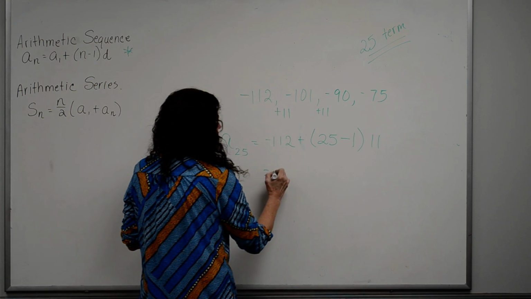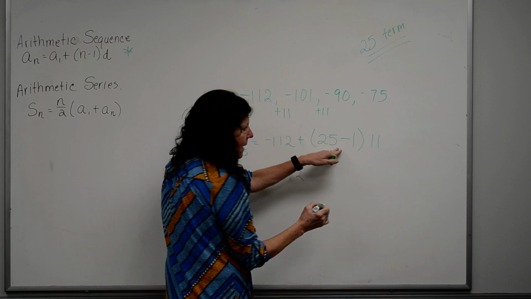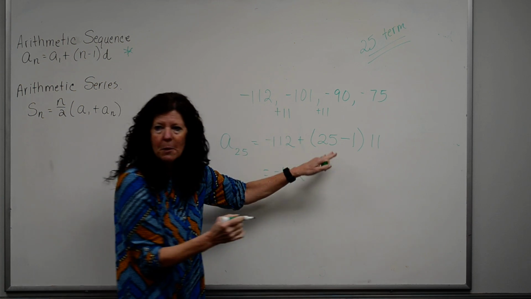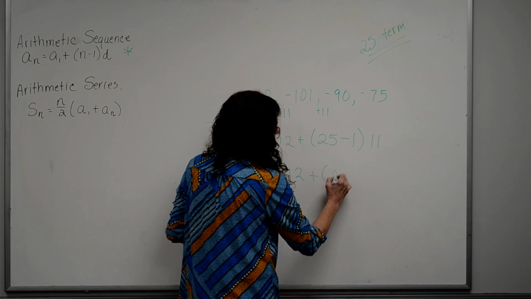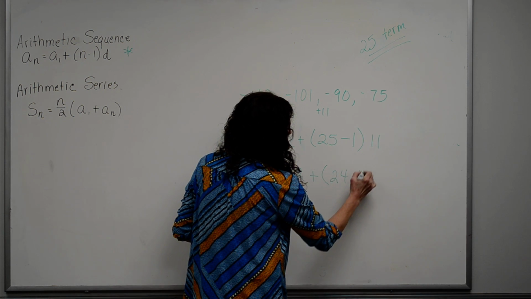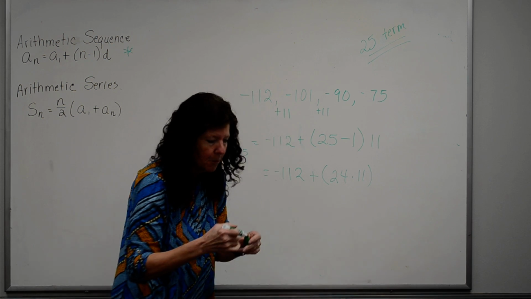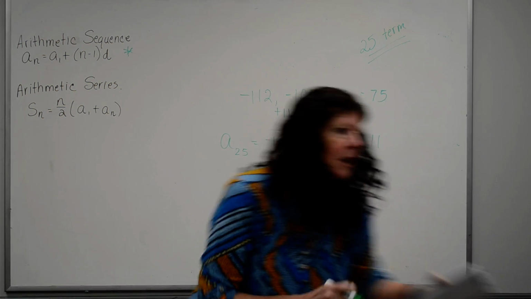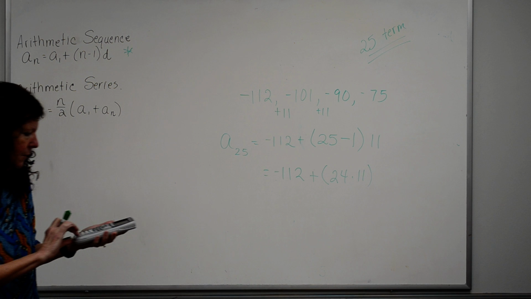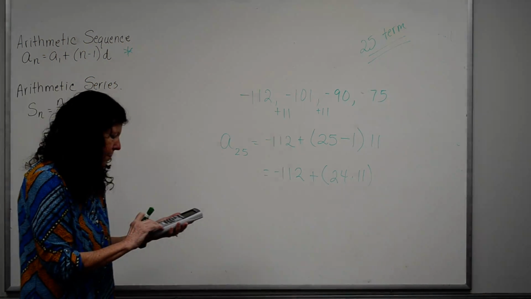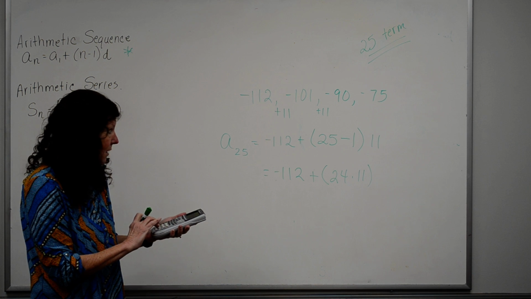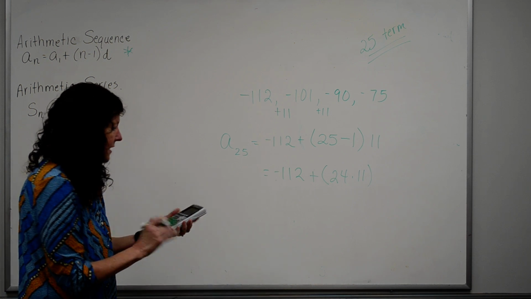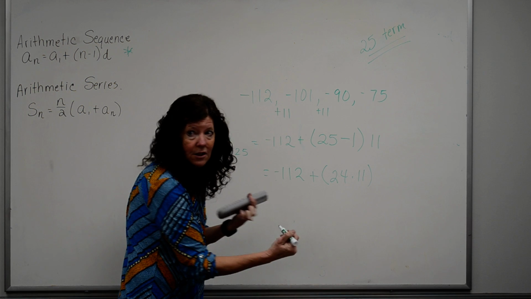I've got to do this back part first, because multiplication is done before, or you could put it in parentheses. So it's 24 times 11. You take your calculator and go negative 112 plus parentheses 24 times 11, and it gives me 152.